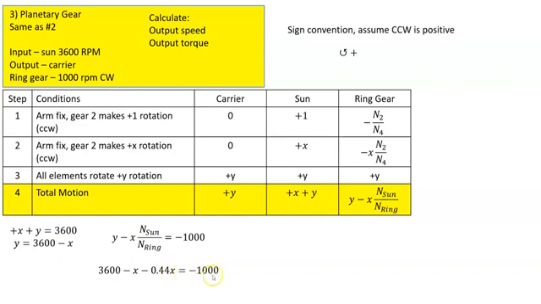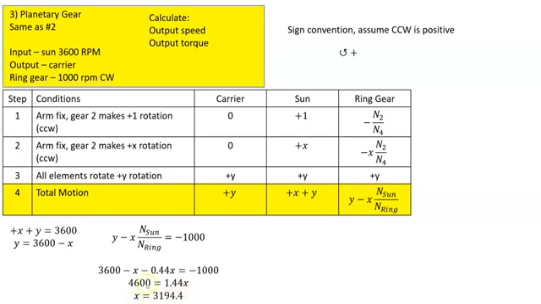We add 1000 to both sides, which gives 4600, and adding the x terms together we end up with 4600 equal to 1.44 times x. Now we just solve for x, so x is 3194.4.